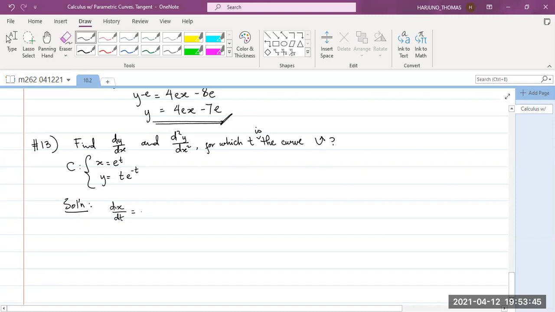That's easy. dx/dt is e to the t, Mickey Mouse. How about dy/dt? dy/dt will be e to the negative t minus t e to the negative t, which I can factor as e to the negative t times (1 minus t).